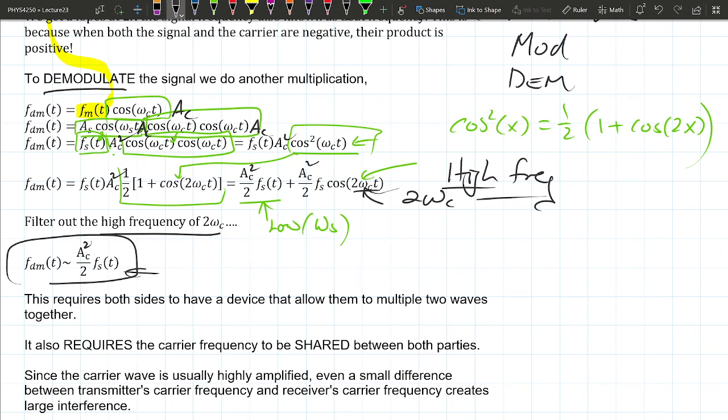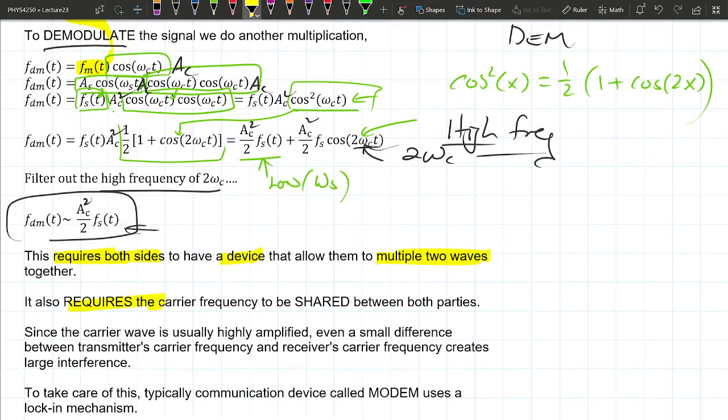Okay, so as I noted, any questions before I move on to some drawbacks of full modulation? As I noted in the beginning, this requires both sides of the device to have something that multiplies things together, which is going to be special chips that you're going to use to multiply these things together.